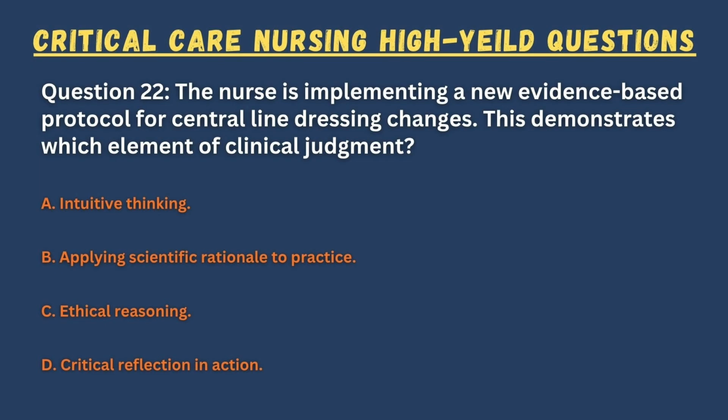Question 22. The nurse is implementing a new evidence-based protocol for central line dressing changes. This demonstrates which element of clinical judgment? A. Intuitive thinking. B. Applying scientific rationale to practice. C. Ethical reasoning. D. Critical reflection in action.